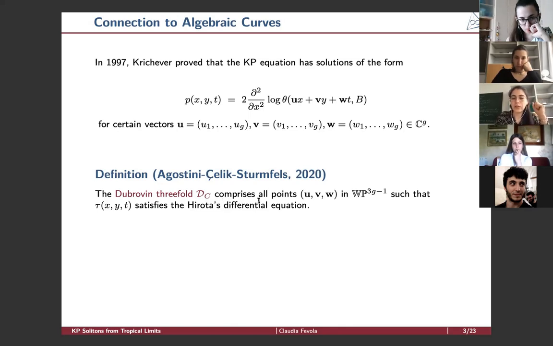This variety comprises all the points U, V, and W in a certain weighted projective space such that the corresponding theta function that you can build out of this vector gives rise to a solution to the Hirota differential equation. They studied the properties of this variety, and they also give explicit equations for it.